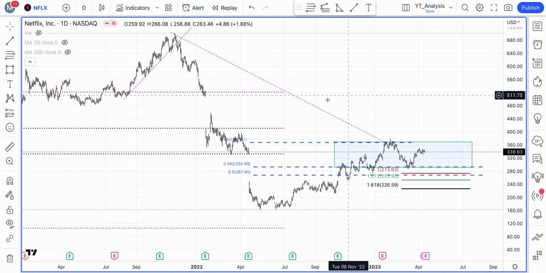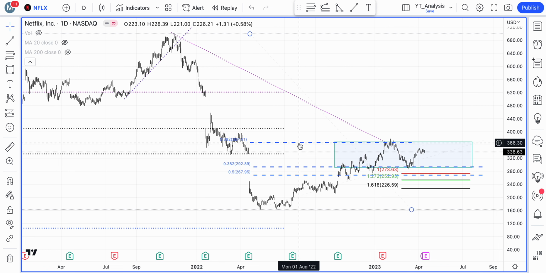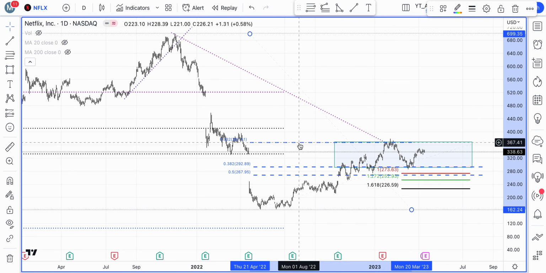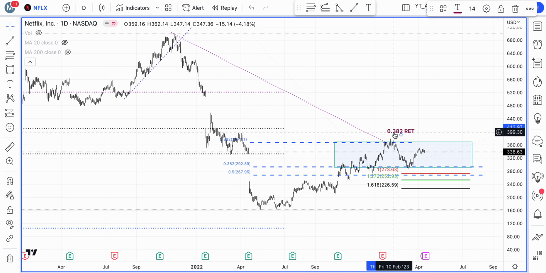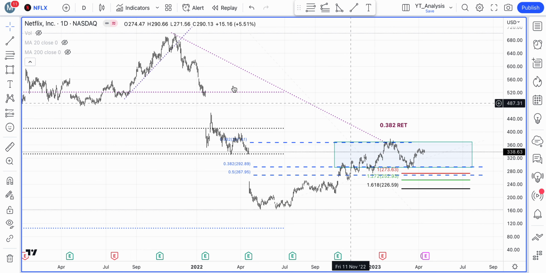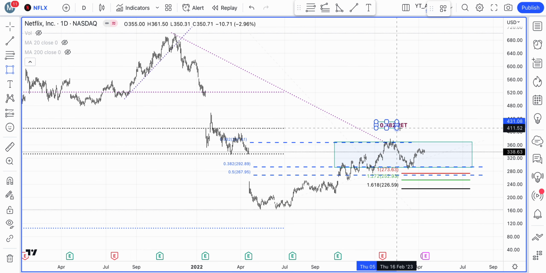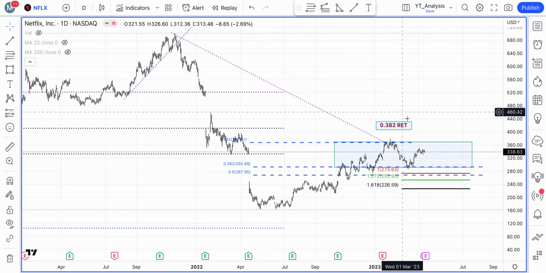And where it is right at the moment is basically right here, which is the 38.2% Fibonacci retracement. So I'm going to write this: 0.382 retracement right here. Let me put it in a box just to highlight it. Here we go.